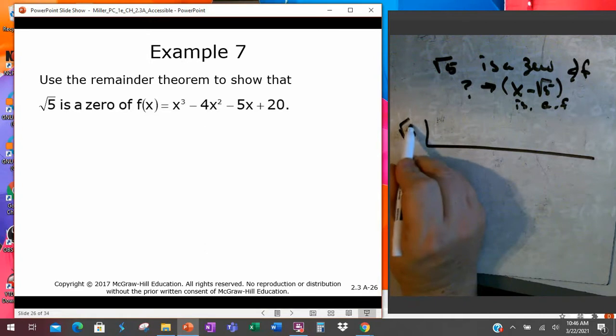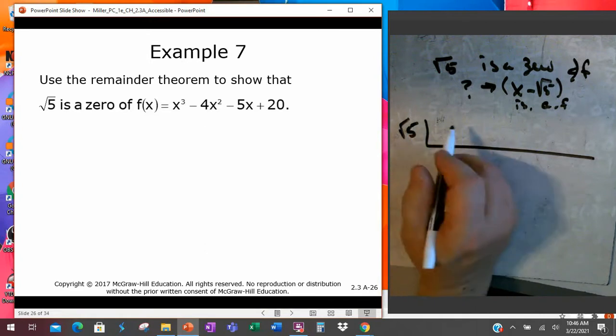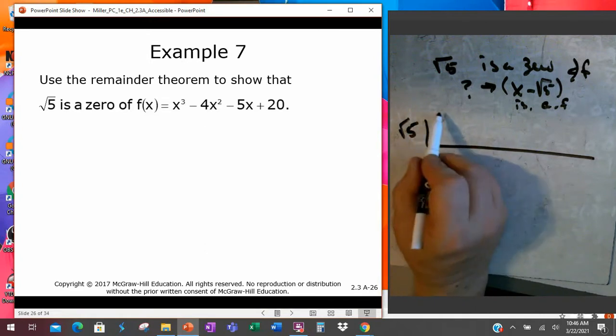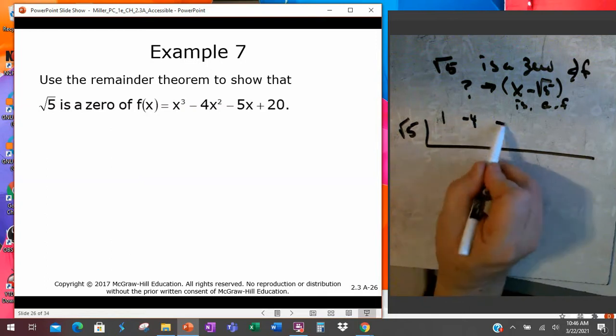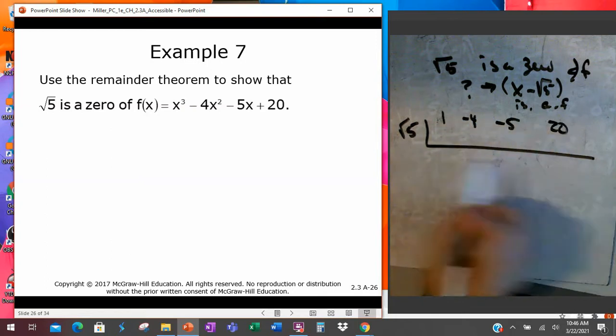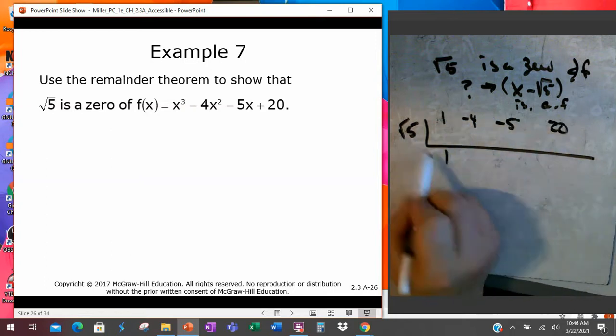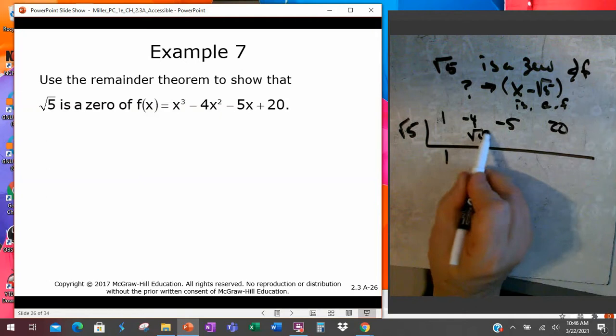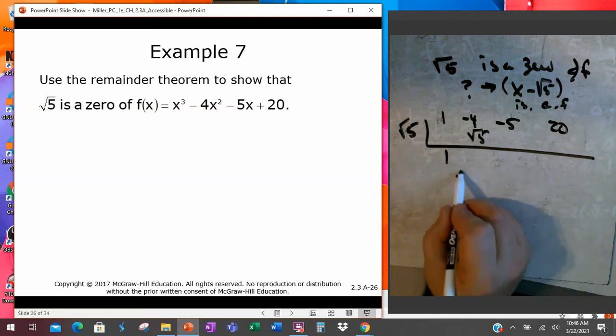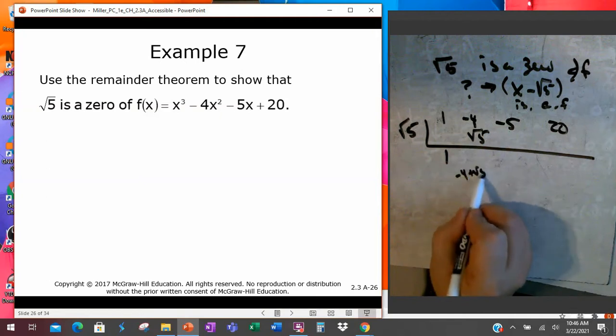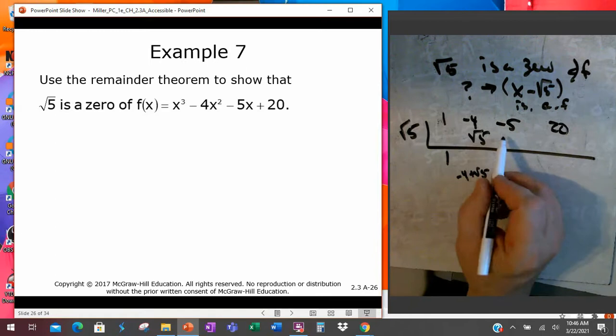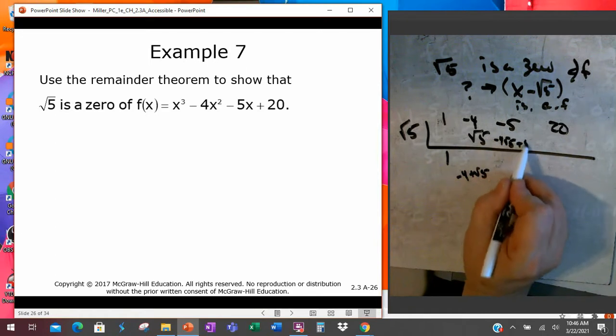So this just shows that it can be done with irrational numbers as well. My coefficients, 1, negative 4, negative 5, 20. Bring this down, square root of 5, minus 4 plus square root of 5. Multiply this. This gives you minus 4 square root of 5 plus 5.